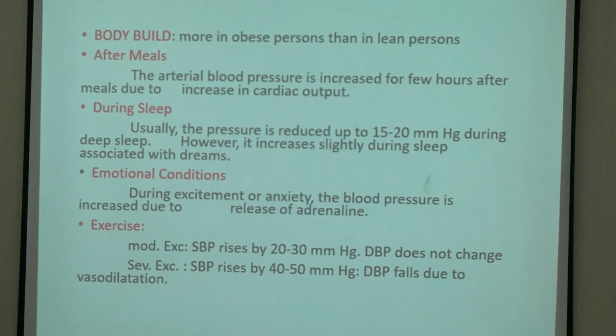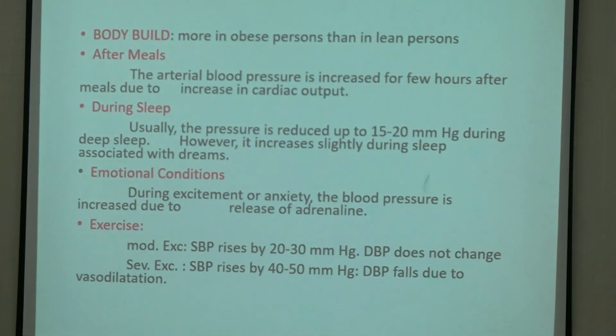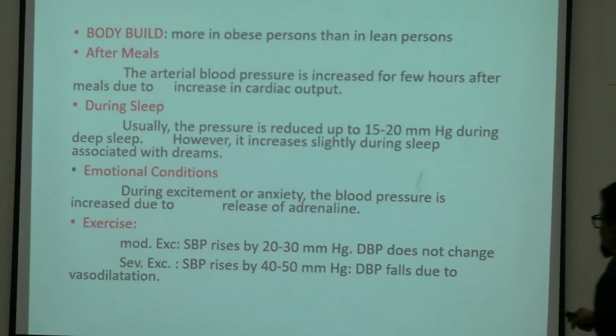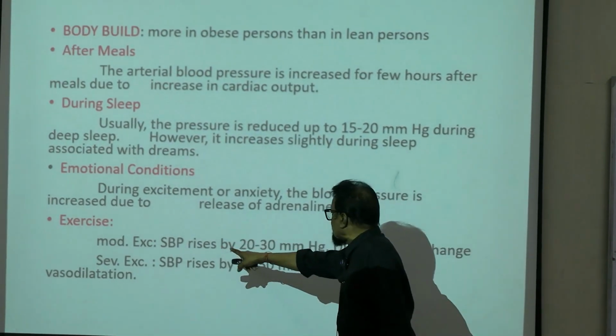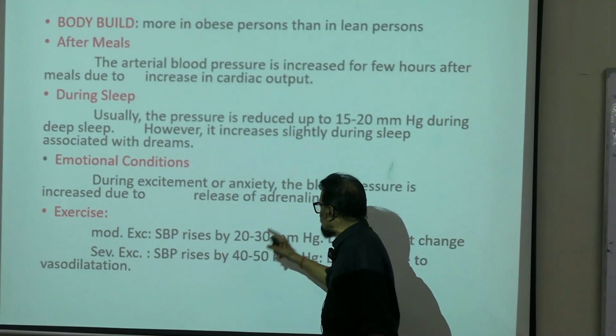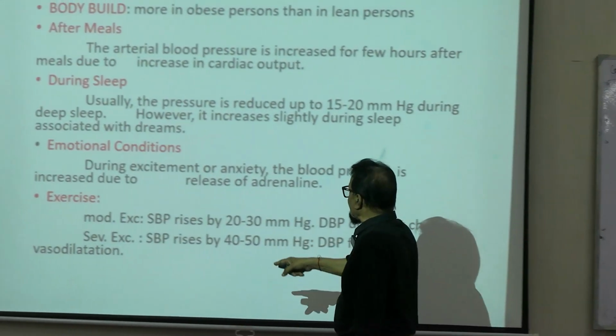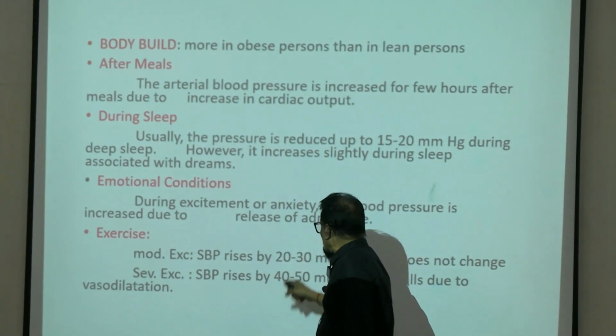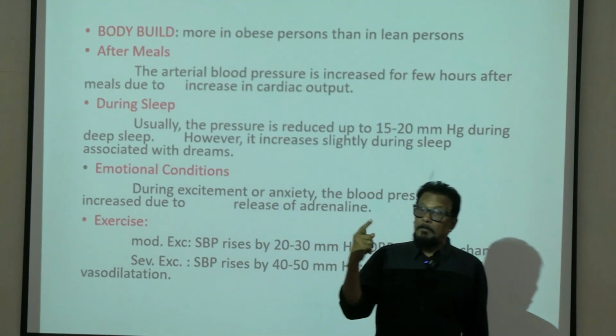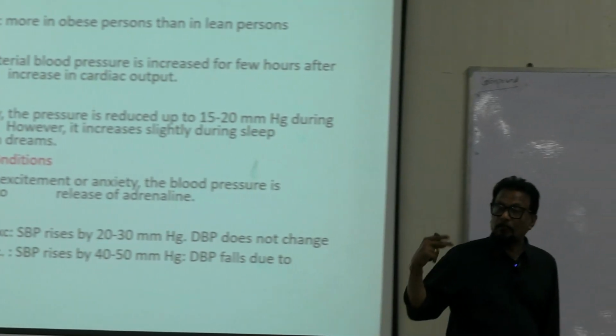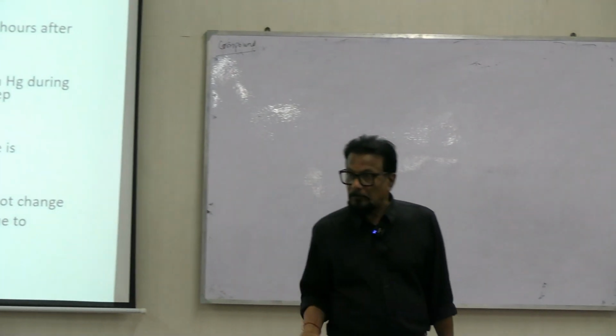Exercise can be of two types, moderate and severe. In moderate exercise, systolic blood pressure may rise by 20 to 30 millimeters of mercury, and during severe exercise, it may rise beyond 40 to 50 millimeters of mercury. These are more than normal.